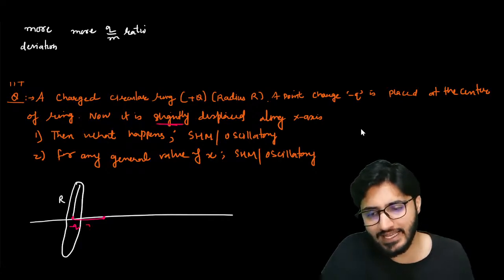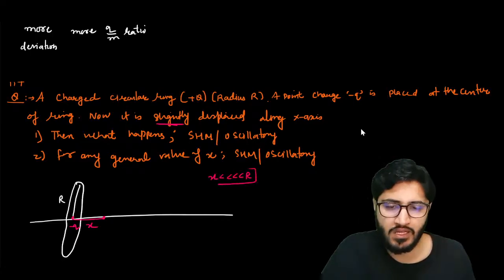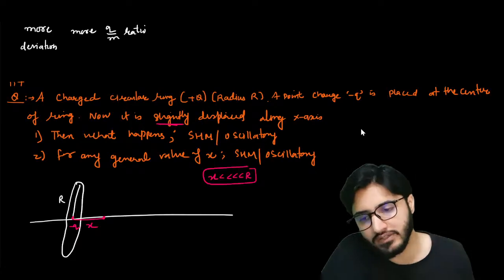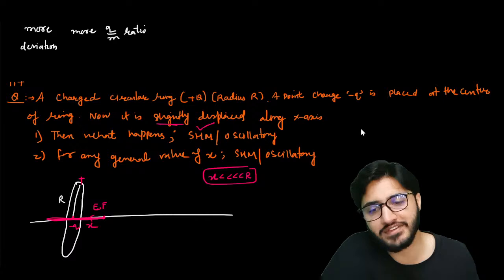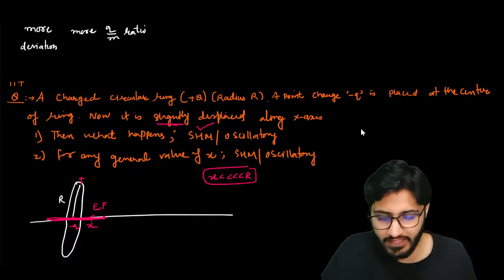That means x is very less than r. If the charged particle is here and I release it, what will happen now? The charge on the ring will exert a net electric field and force like this. So it will go like this and come back like this. If the distance is very small, we can call it SHM.